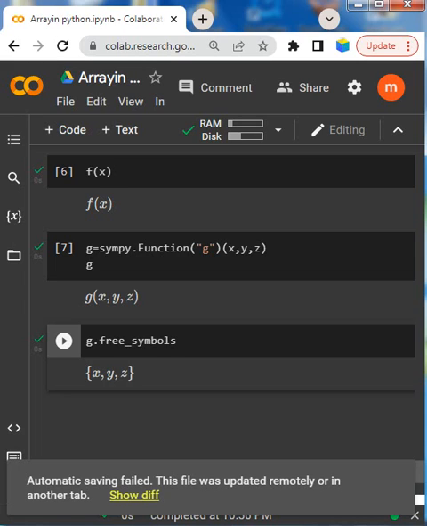You can also use some mathematical functions. SymPy has built-in functions for many standard mathematical functions that are available in the global SymPy namespace.